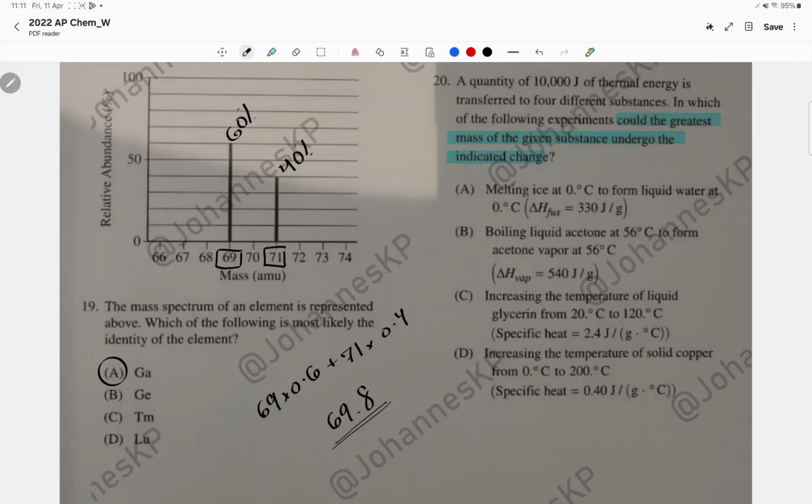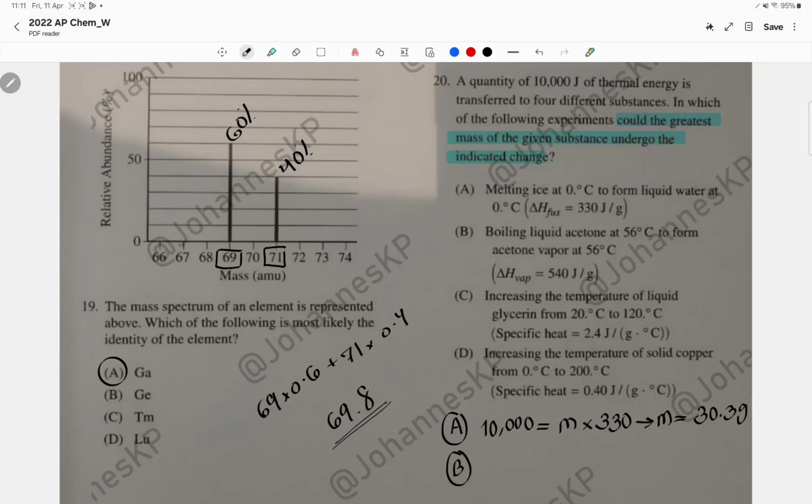So look, if we're just melting, you would just do 10,000 is equal to the mass of the melting times the heat of the fusion, which is 330. Who has a calculator? Do the math and let us know how much you get. 30.3. That's A.